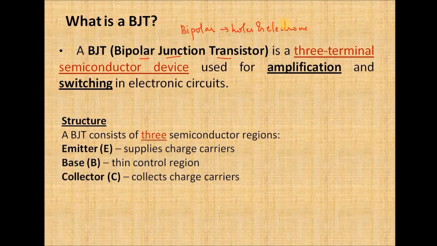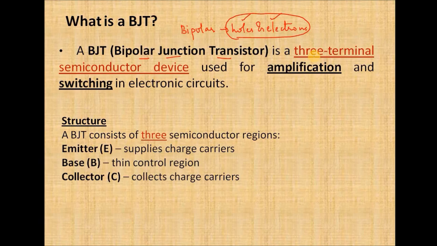This is a very important thing which we'll have to understand with respect to a BJT. So the current that flows in a BJT is due to holes as well as electrons. Hence it is called a bipolar junction transistor.